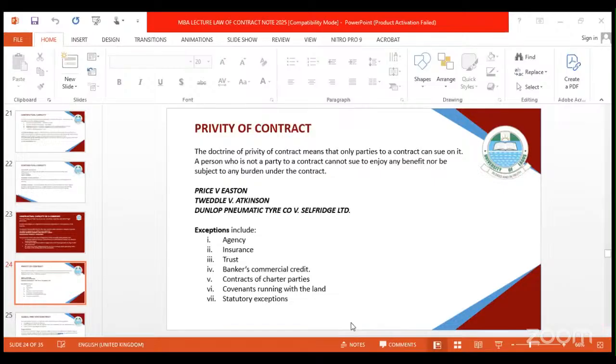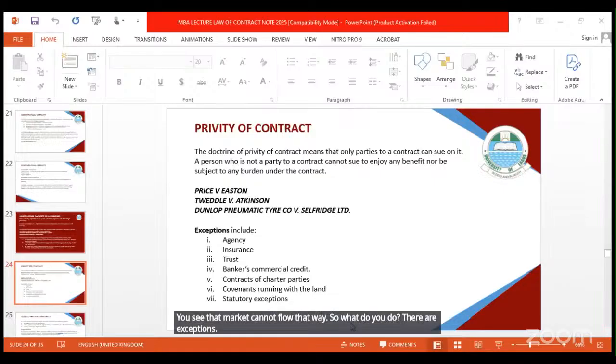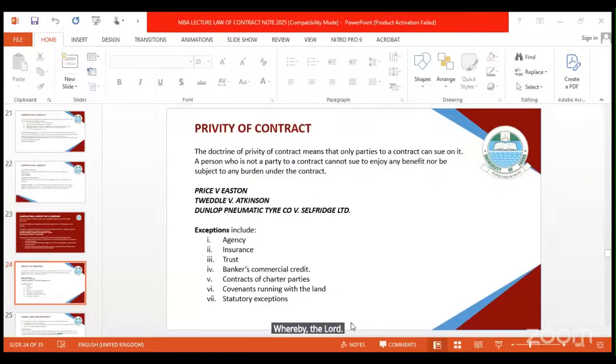So what do we do? There are exceptions whereby the law allows parties who are not privy to a contract to also sue or claim benefit under it. So you have what they call the general rule and exceptions. The general rule is that only parties to contracts can bring an action to sue or be sued under it, because of the doctrine of privity of contract.